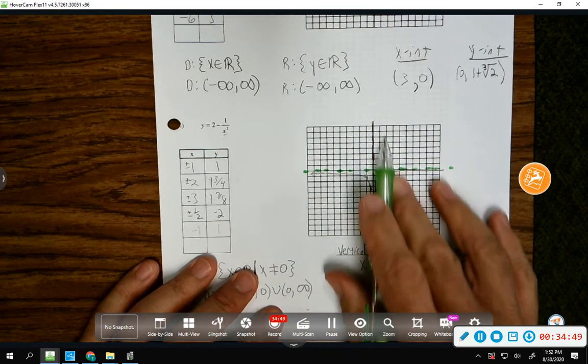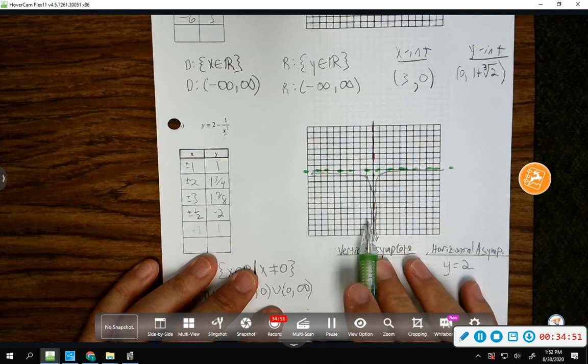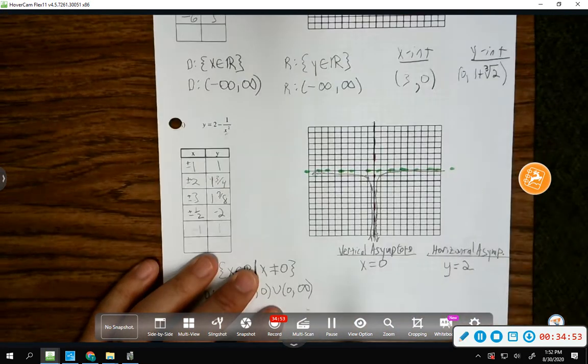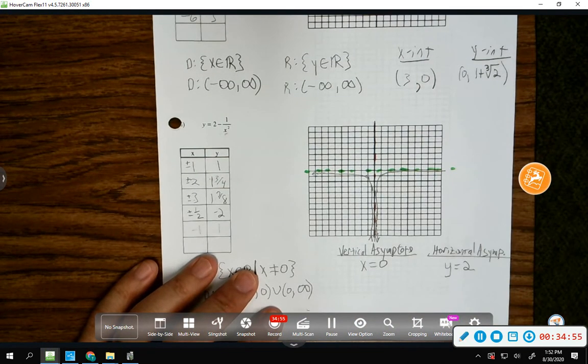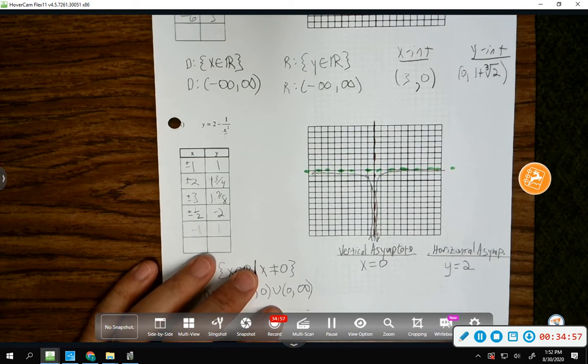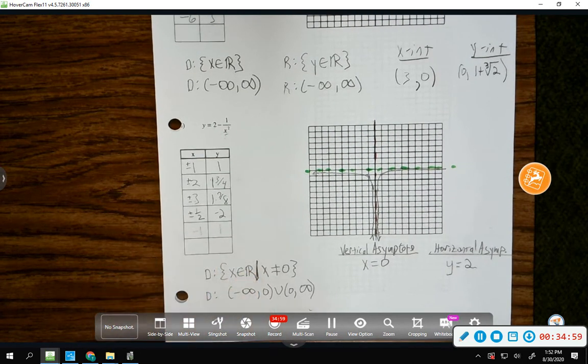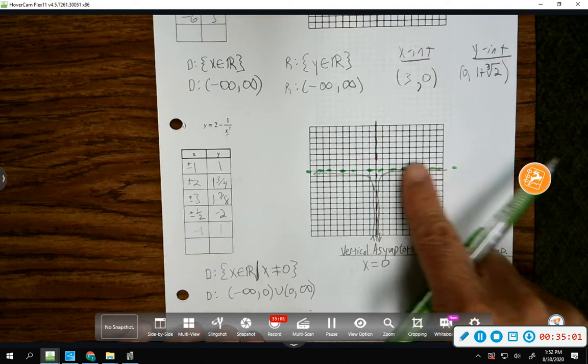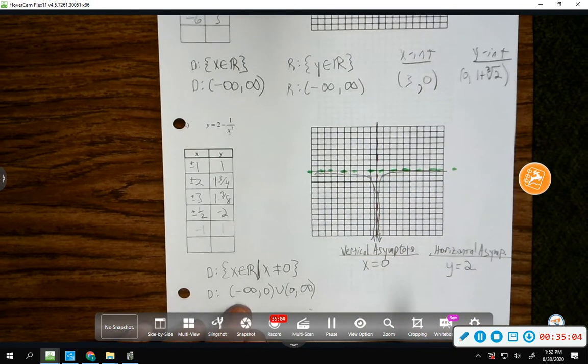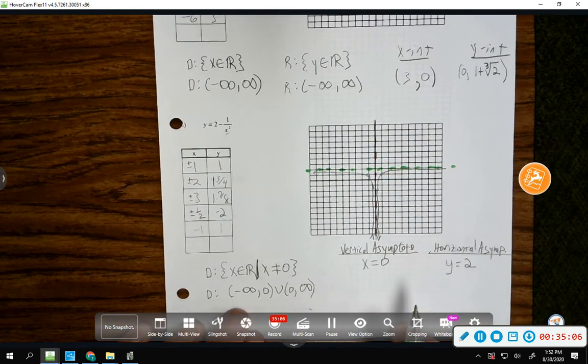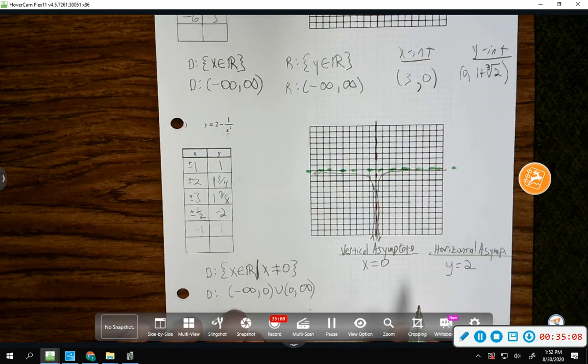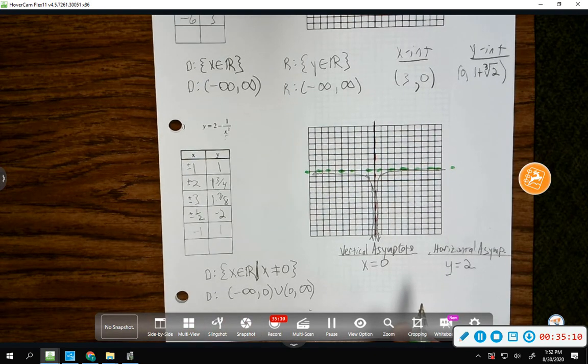Notice that with this vertical asymptote, we don't get this changed look like we had on the previous problem when it was 1 over x minus 2. Now we get what I call a volcano look. So I'm going to want you to know the difference between a pole and a volcano.